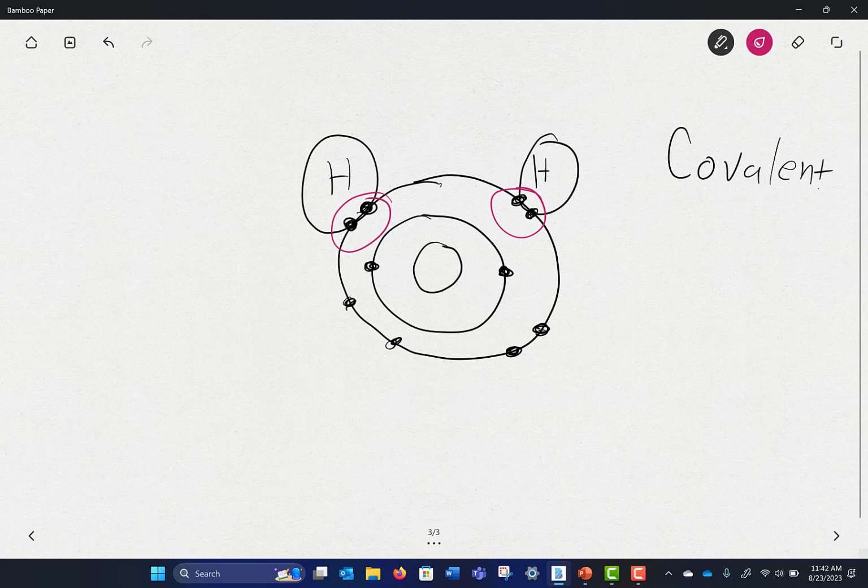And what we end up with is an unequal sharing. And even though oxygen did not take electrons, he did not get a negative charge like we saw back with chloride earlier, he does become slightly negative.